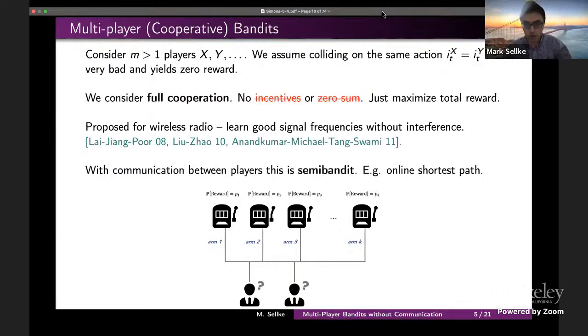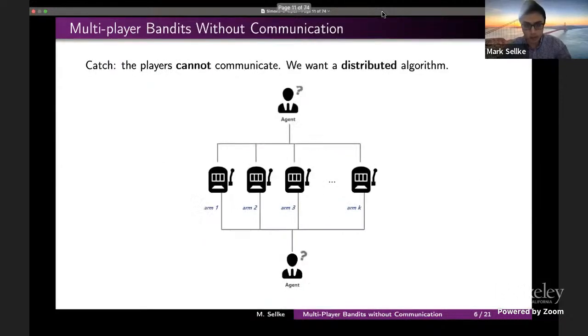We try to get the best pair of arms. There's online shortest path, some variation of this. But we're going to be aiming for a distributed algorithm where we cannot communicate with each other. So somehow we have to come up with some protocol beforehand so that one of us ends up on the top arm, the other one of us ends up on the second best arm, and we somehow don't synchronize or talk to each other at all in doing this.